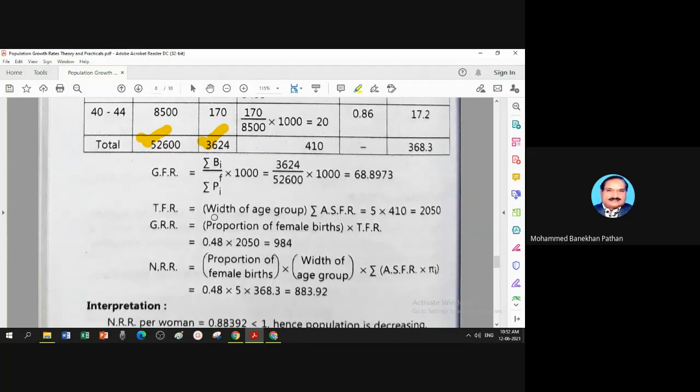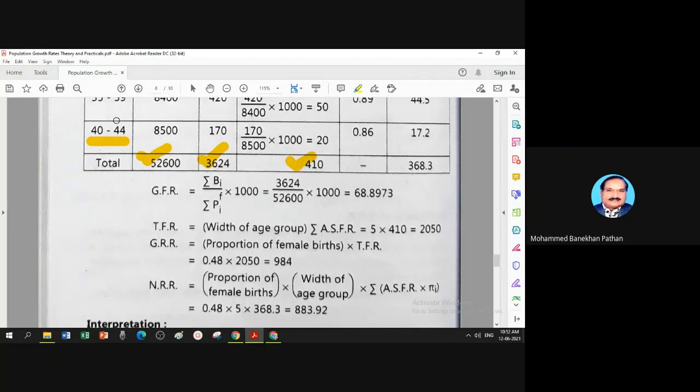TFR: width of the age group times the sum of ASFR. This is ASFR. I think this is ASFR. So TFR is 5 multiplied by 410. What is 5? Width of the age group. This is your age group. Number of years included.